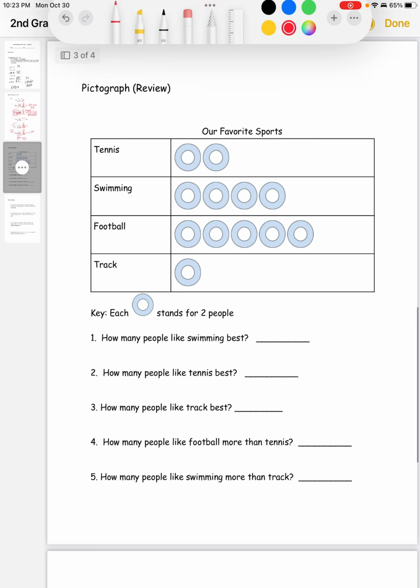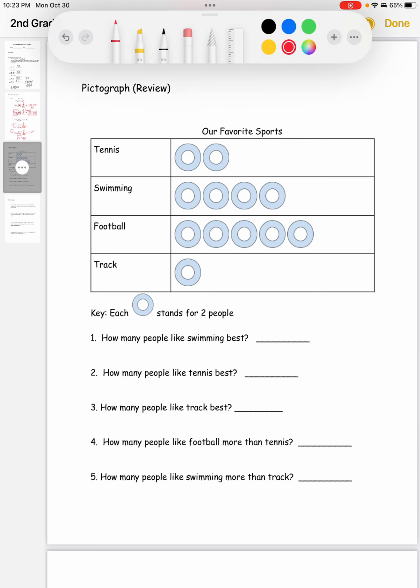Let's move on to the next page. Pictograph review. So it's a review because we learned this already in our last lessons. So first, look at the title. It says our favorite sports: tennis, swimming, football, track. Key. We always have to look at the key.